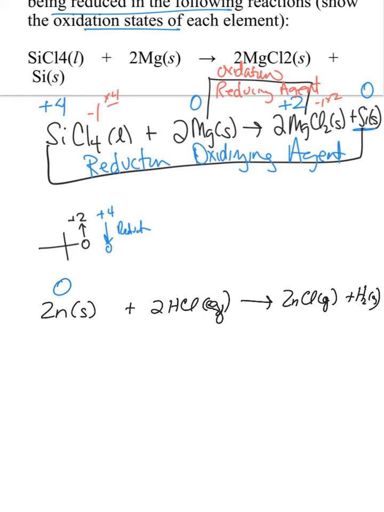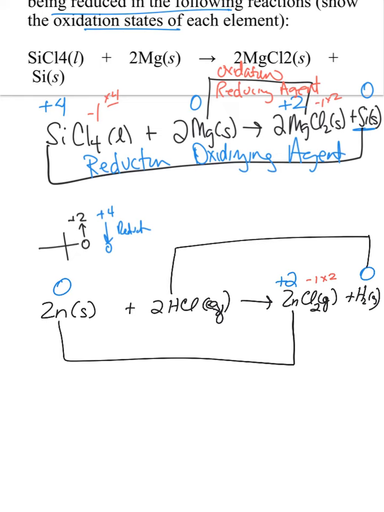So zinc is a solid there, it's 0, hydrogen is 0, and then you match up your zinc from your reactant side to the product side, and here you see this should be a 2 there, so your chlorine is a -1 times 2, so that's -2, so your zinc should be a +2.